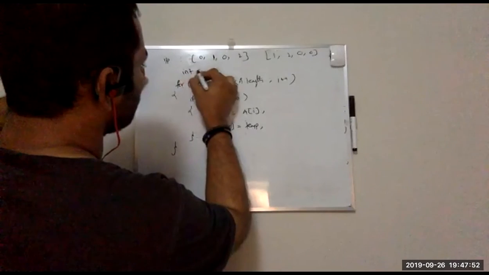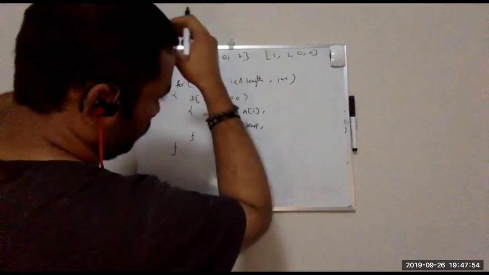We have int C equal to 0. Yeah. Okay. And then int temp equal to A of C instead of I. A of C. Yeah. C here. And then A of C plus plus equal to temp.